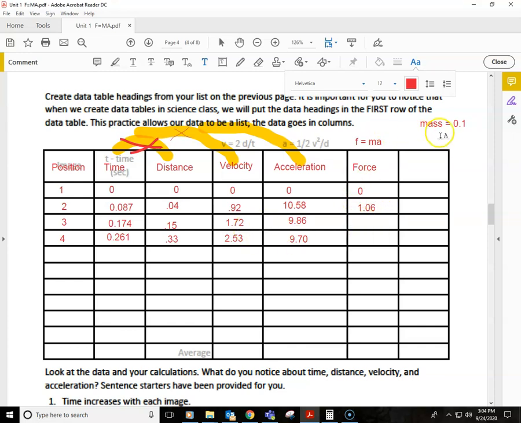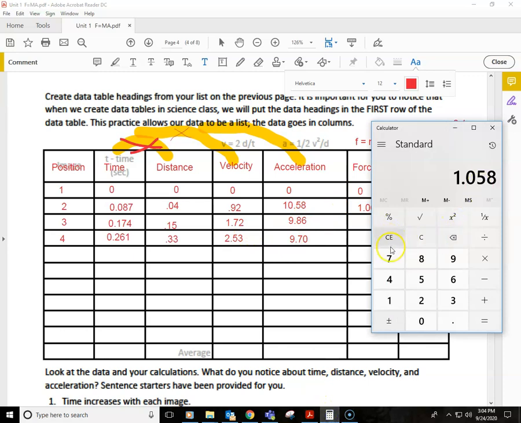Next one. Mass, 0.1, times 9.86. Clear everything. 0.1 times 9.86 equals 0.986. I see that this last number is bigger than 5, so I add 1 to the 8. I get 0.99.